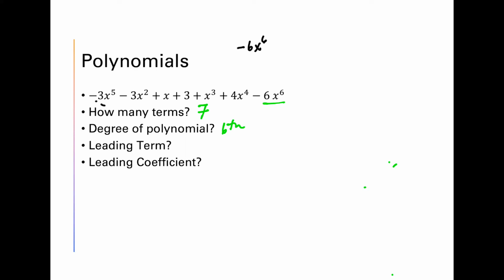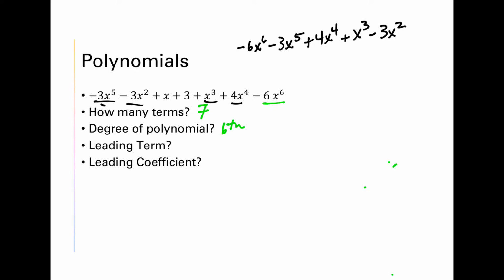And then this would be the next highest term, so minus 3x to the 5th. And then I have an x to the 4th, so plus 4x to the 4th. So notice I'm carrying whatever operation there is with that particular term that is in front of it. And then we have plus x to the 3rd, my 3rd degree term, and then minus 3x squared, that's my 2nd degree term.